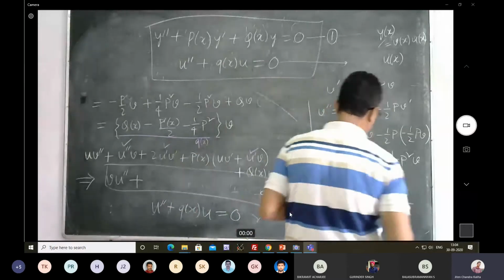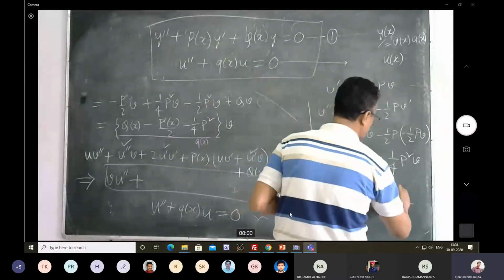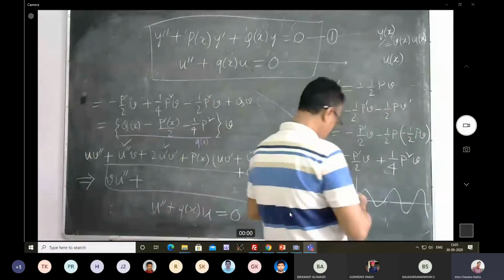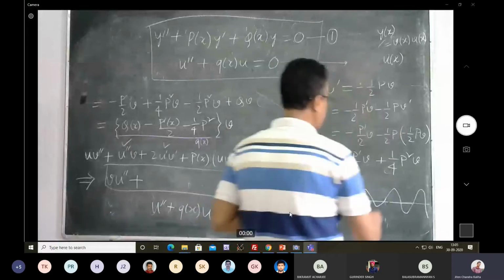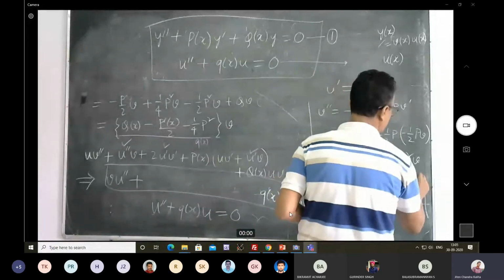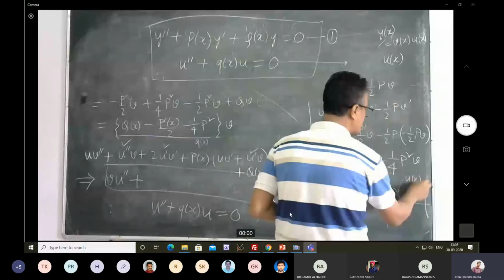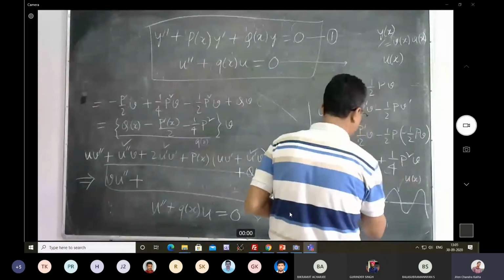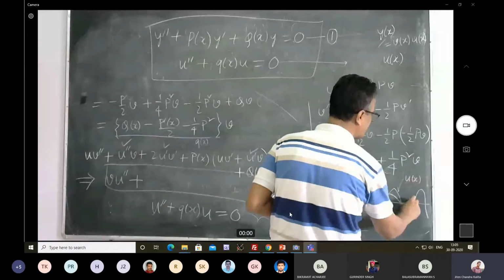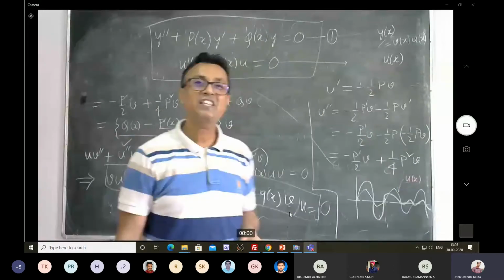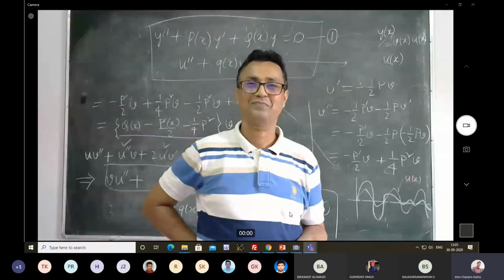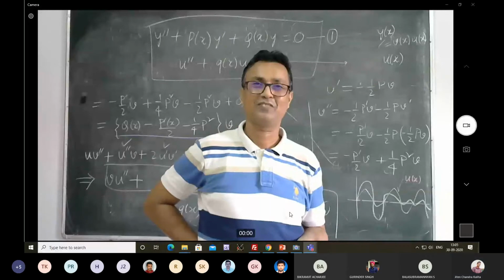Suppose u is something like an oscillatory solution like sin x. If I multiply this function ux with a function vx which is non-zero, then at most it is going to have something like this, but they are going to cross the x-axis at the same points.